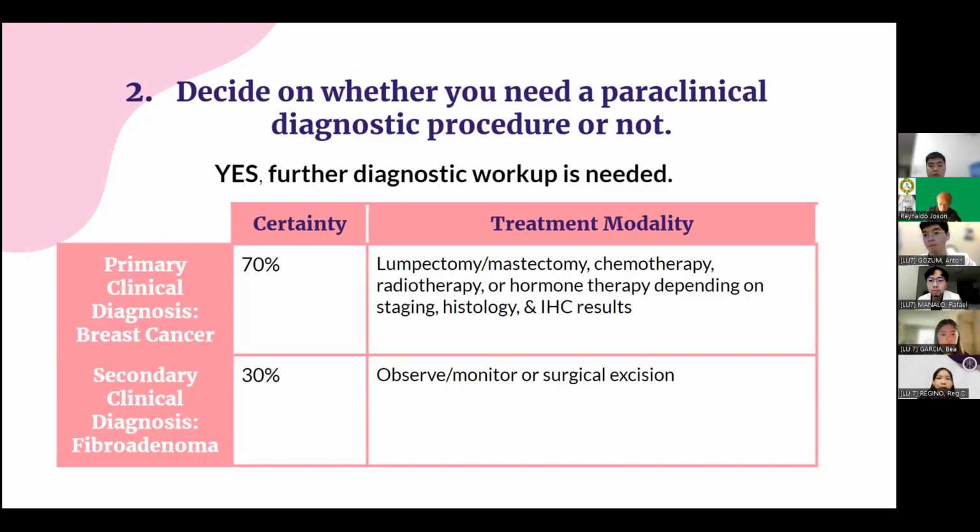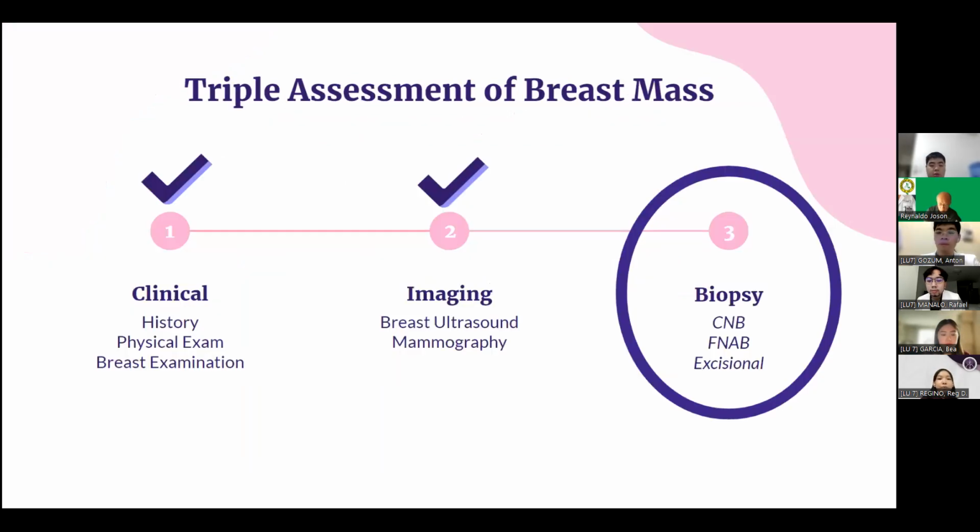Okay, next slide. So yes, just to reiterate, further paraclinical diagnostics are needed to differentiate a malignant breast lesion from a benign fibroadenoma. In particular, remember there's a triple assessment of the breast mass. So we assess the patient clinically through history and physical exam, which has been done.